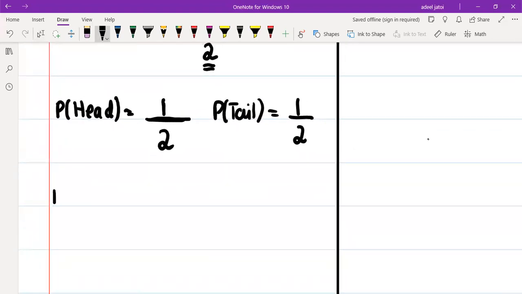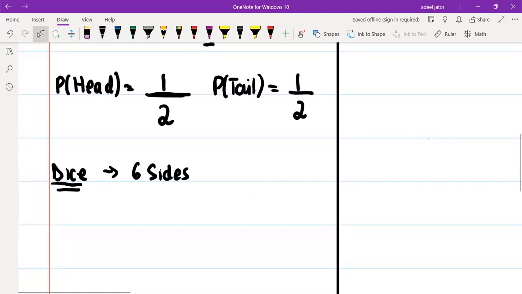In a similar way, we can take a dice. Now, we know that a dice has a total of 6 sides, with each number representing one side. That means if a dice is thrown and the number that comes is 1, 1 has one side only out of 6. So the probability of having 1 is 1 upon 6.